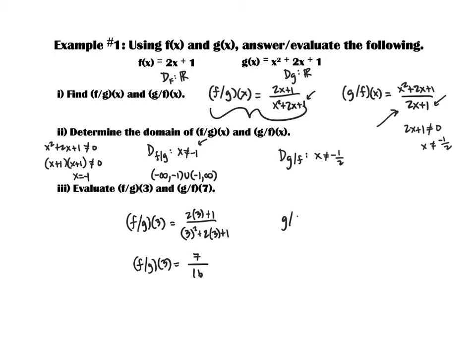How about g divided by f of 7? That would be 7 squared plus 2 times 7 plus 1 divided by 2 times 7 plus 1. Well, that would be 49.